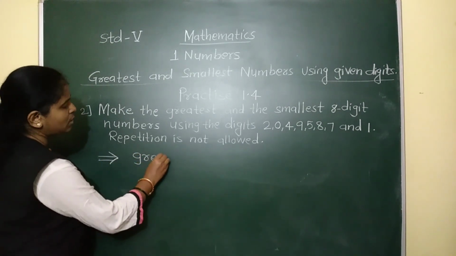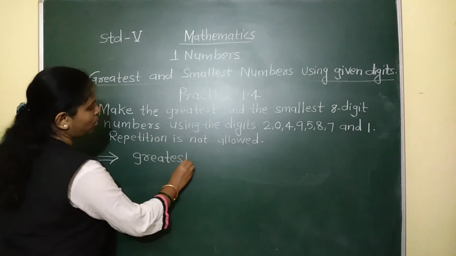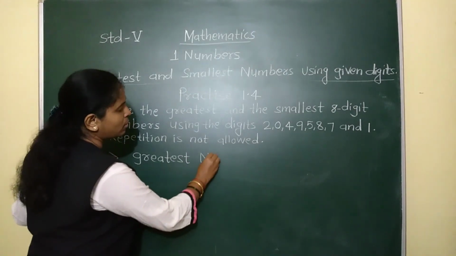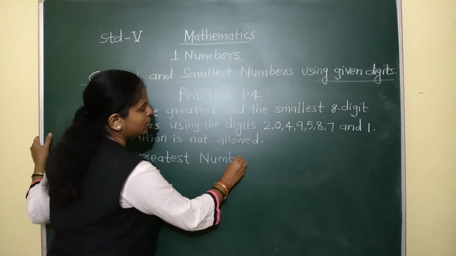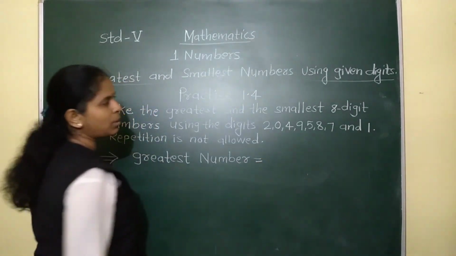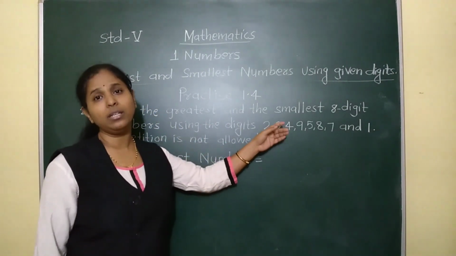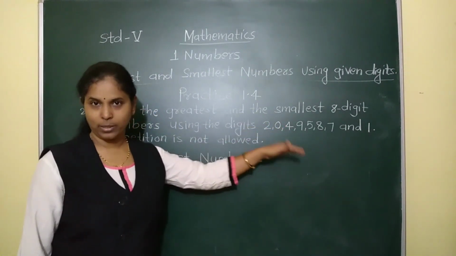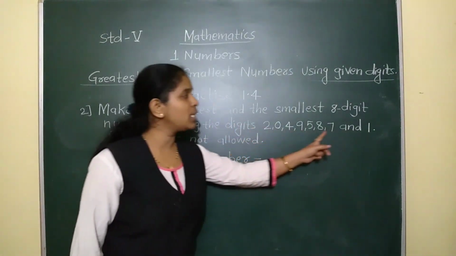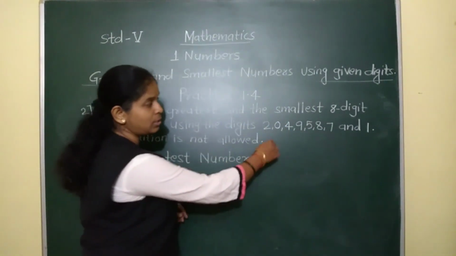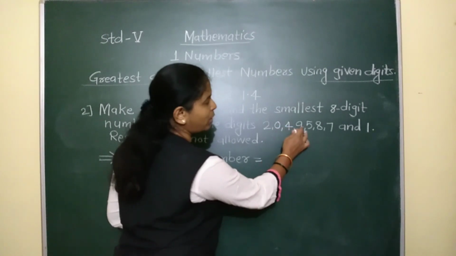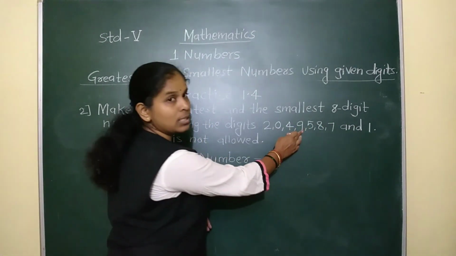So first we will make the greatest number. Now what did I say? How to make the greatest number? We have to make the greatest number by arranging the given digits in descending order. Now here, which is the greatest digit? Just see 2, 0, 4, 9, 5, 8, 7 and 1. It is 9.